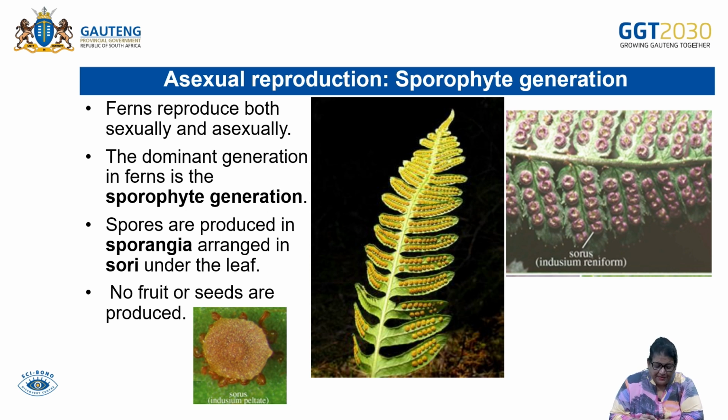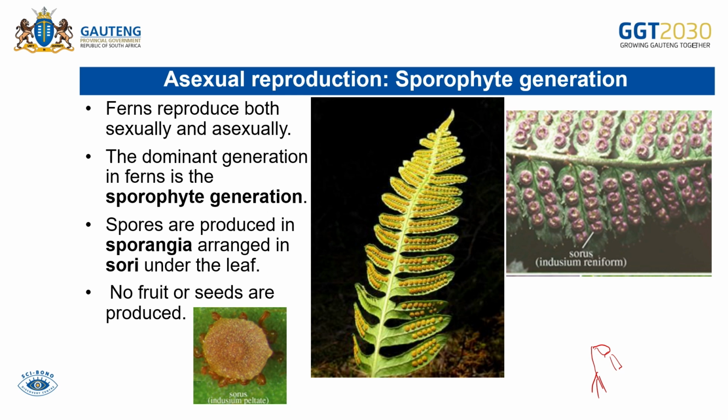Now learners, do you remember the moss had rhizoids? It had a thin stalk-like structure. It had a capsule with the operculum and a calyptra which covers the opening of the sporangium. But now, let's look at the back of the fern leaf. The ferns are all facing the direction of the sun.